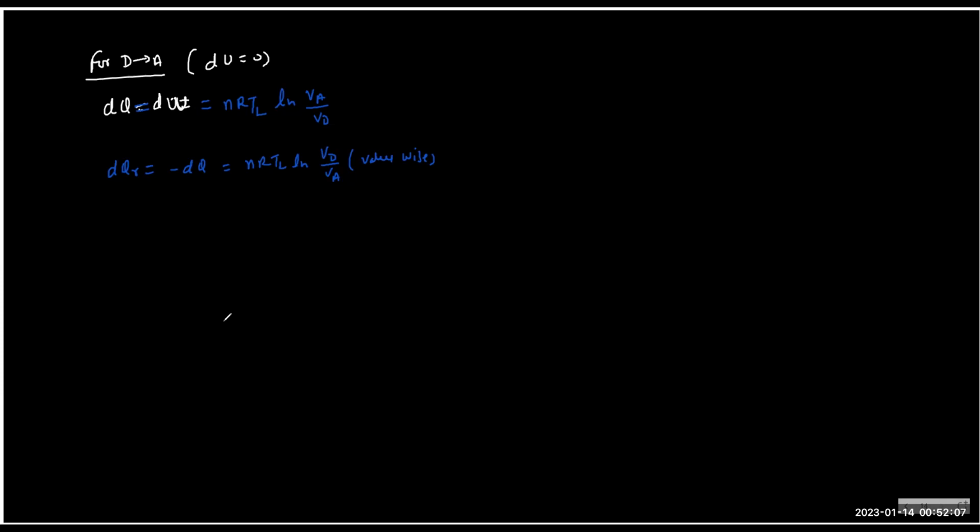But the problem is, if you write the efficiency by the relation, 1 minus dQr over dQ, which is 1 minus nRT_L ln(V_A/V_D) upon nRT_H, and then what is the next? ln(V_C/V_D)... V_C by V_B. I think V_A is more than V_D, right? This is already a positive answer.